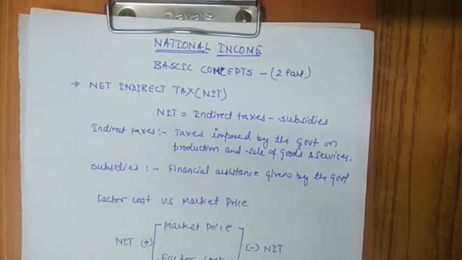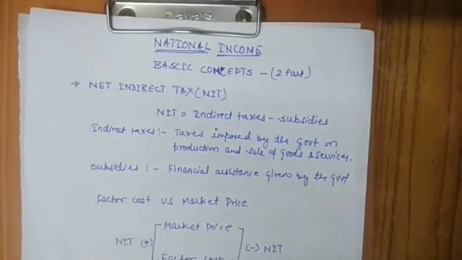Subsidies are often granted to promote exports or to encourage firms to set up industry in backward regions. Subsidies are opposite to indirect taxes as they reduce the market price of a commodity. Subsidies may also be referred to as economic assistance.